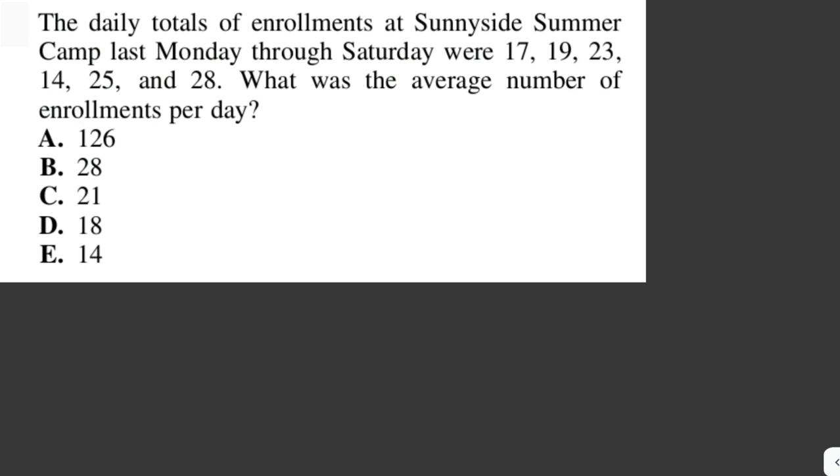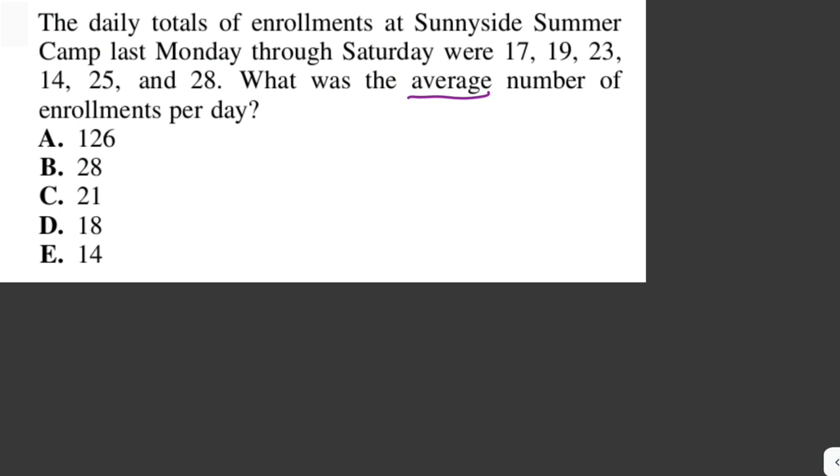The daily totals of enrollments at Sunnyside Summer Camp last Monday through Saturday were 17, 19, 23, 14, 25, and 28. What was the average number of enrollments per day? When we say average, unless it is otherwise specified, that means an arithmetic mean.